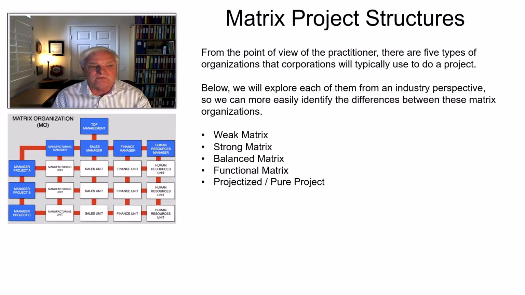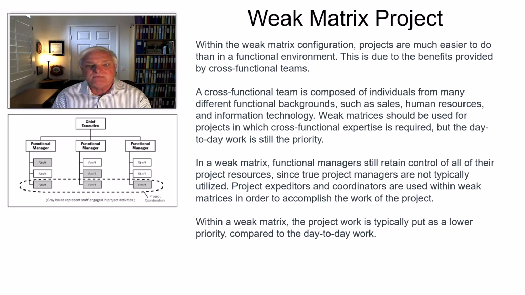So you can see a matrix organization structural map on the image below us. This is very similar to the type of environment that you're going to be working in. That weak matrix, as we talked about, is more where a cross-functional team is composed of individuals from many different functional backgrounds, such as could be sales, human resources, information technology.